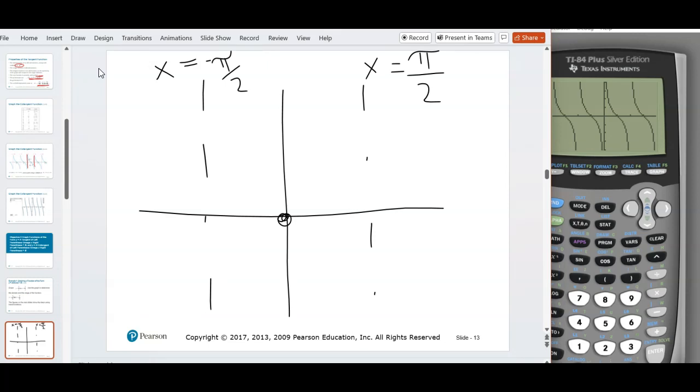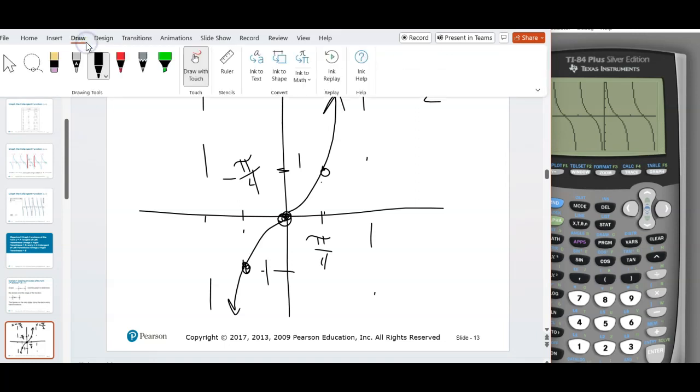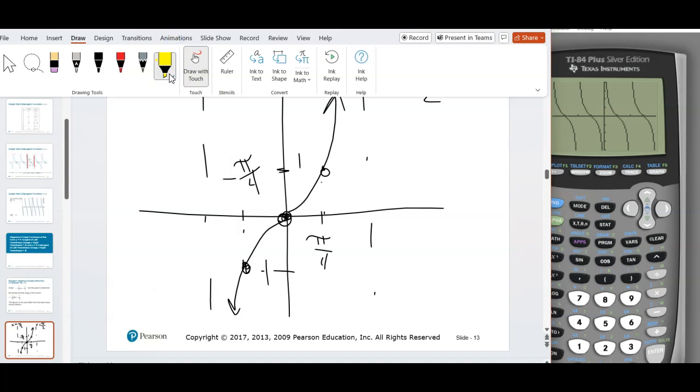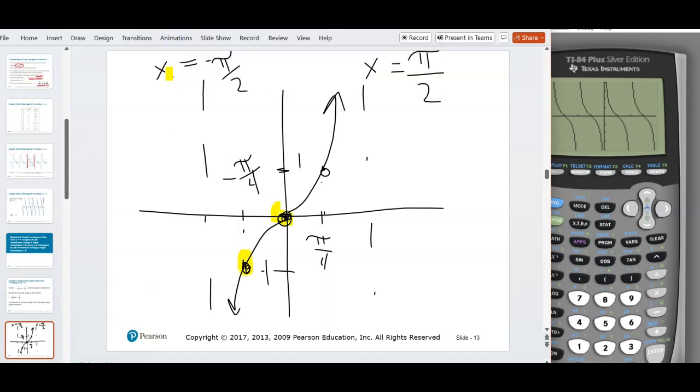The origin is a point on the graph of the tangent function, and as we move left and right, at negative pi over 4 and at positive pi over 4, we hit those ones: negative 1 down here and positive 1 right here. So just like we had those 5 key points on sine and cosine, that's exactly what we have here: the x-intercept, the negative 1, the positive 1, and those vertical asymptotes.